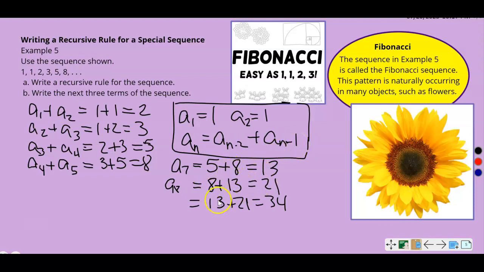And that gives you 21. And so this would be my ninth term. You could continue using this formula to find any number of terms in the Fibonacci sequence. All you have to do is add the previous two terms to get to the next term. If you have any questions, please let me know.